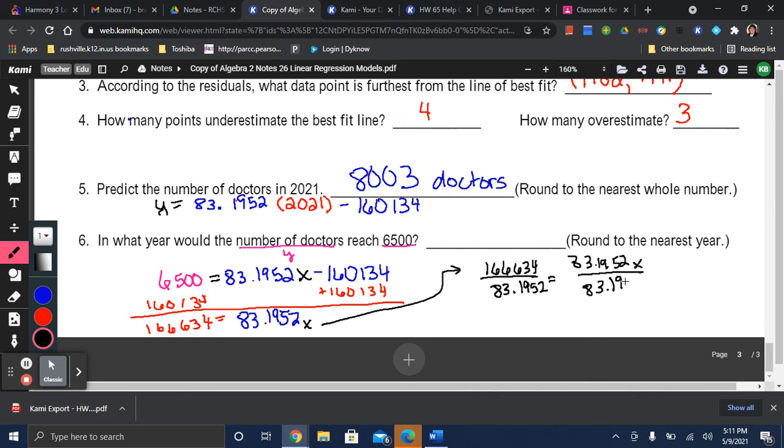Then that side would cancel, and again, you could do this on Desmos.